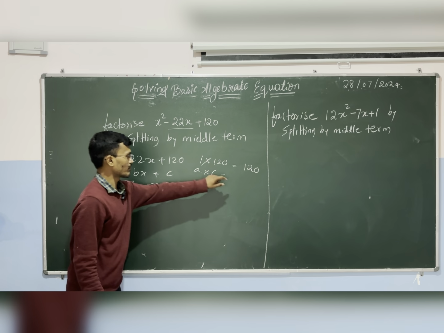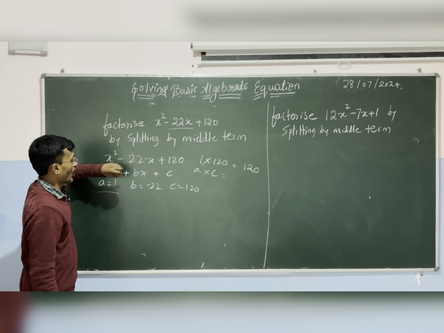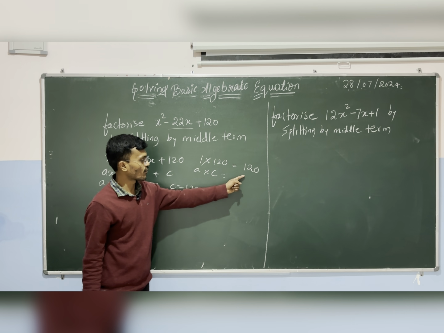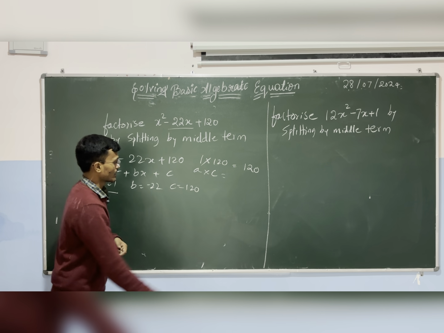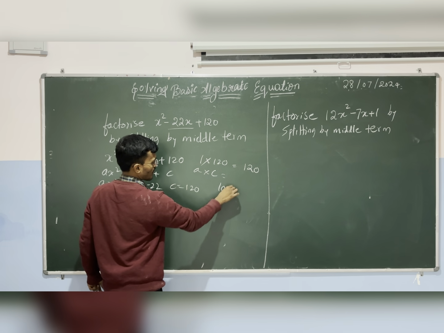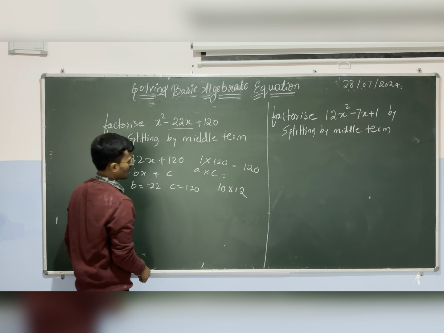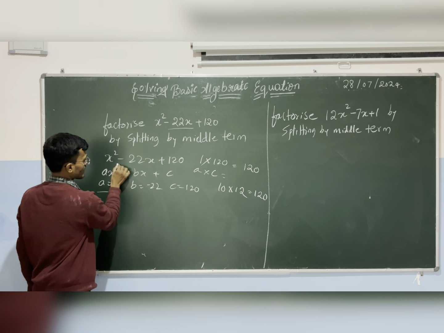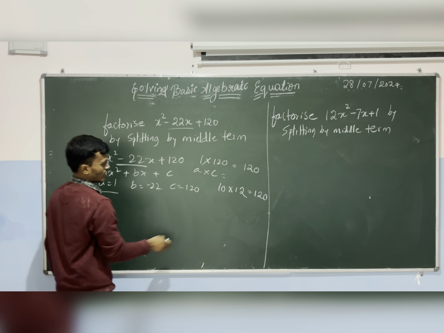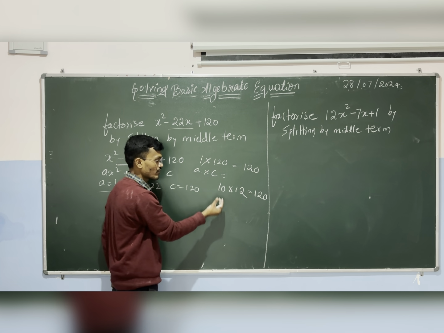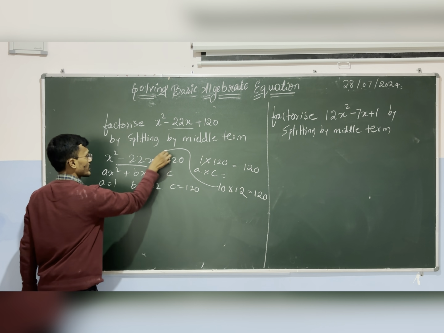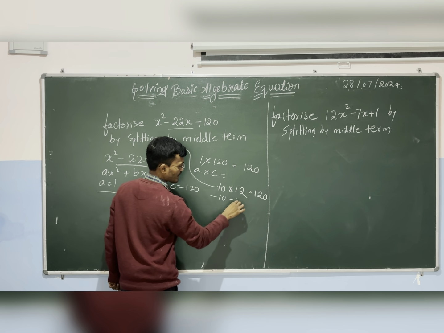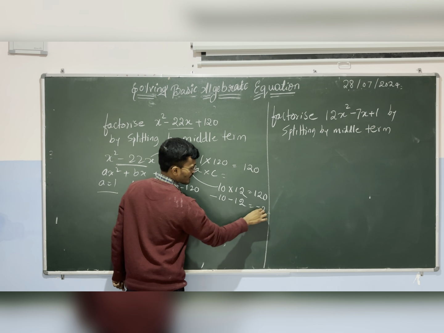How do we get minus 22 when we multiply to get 120? 10 into 12 is 120, and here there is a minus 22. Adding these two terms, we should get 22. So minus 10 and minus 12 give minus 22.